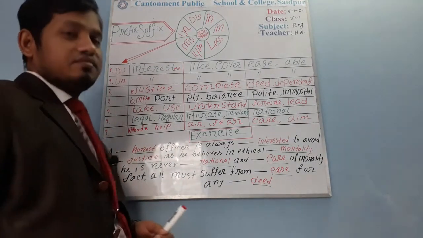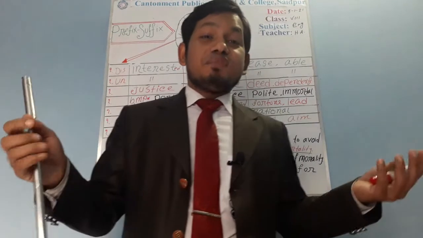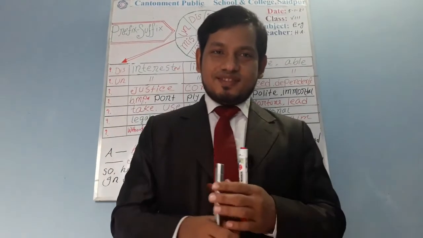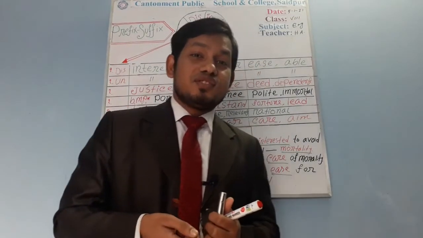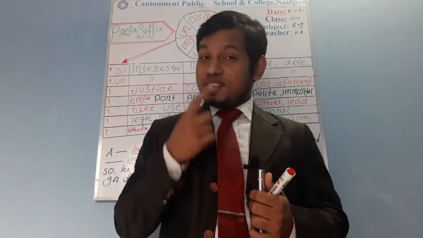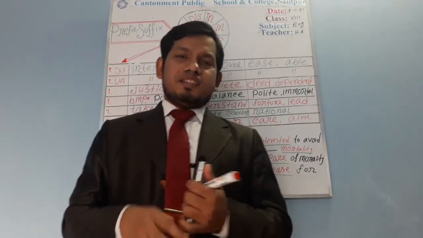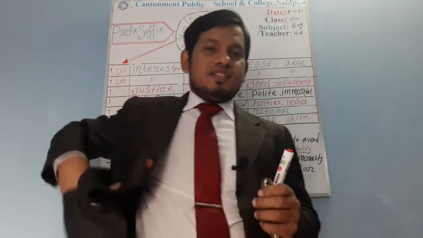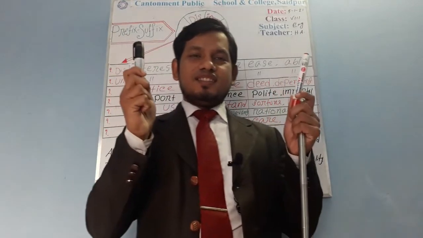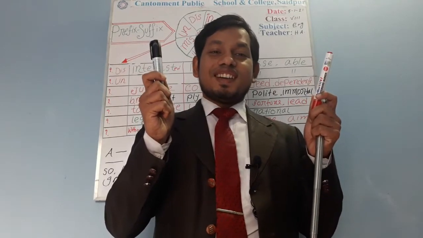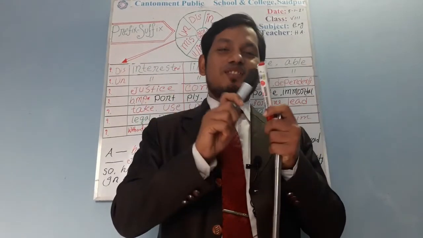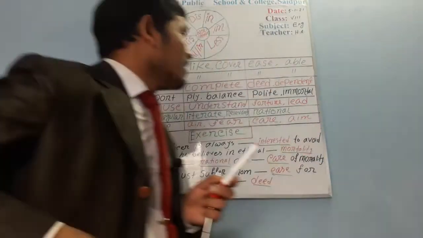Example, what? Unlike means different. Different is a word that is an adjective, right? Same. Unlike is like that. If we say the pens are unlike, okay? They're not the same, right?